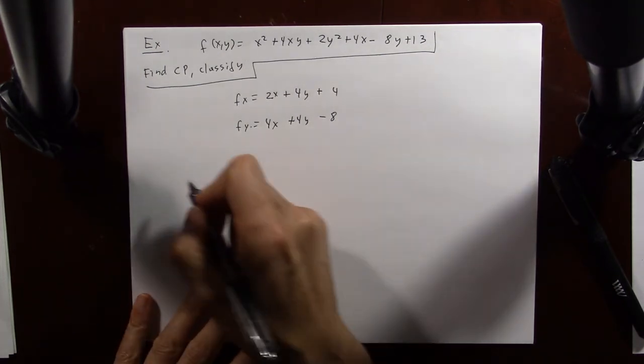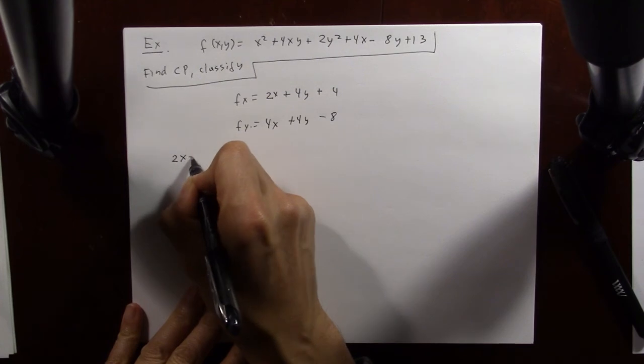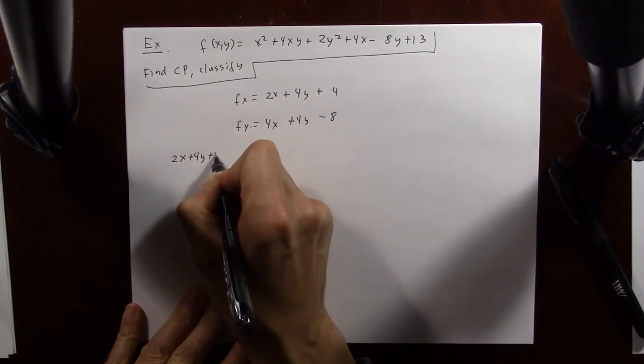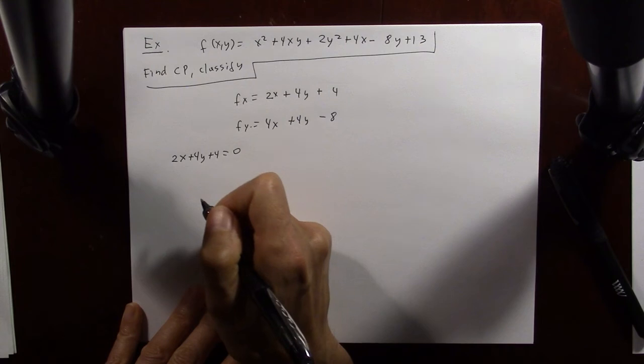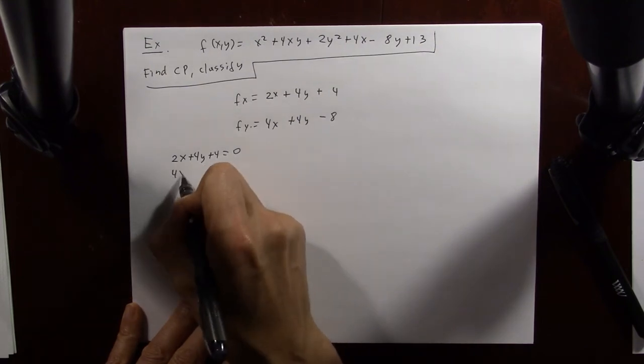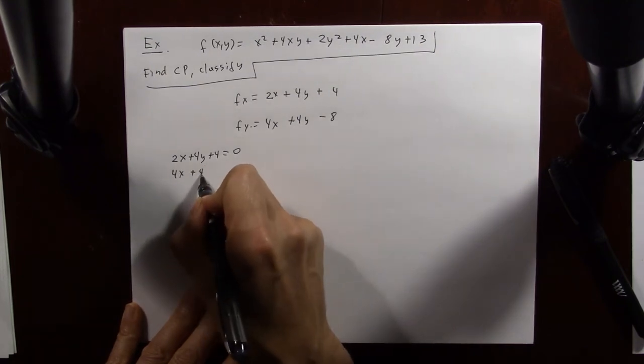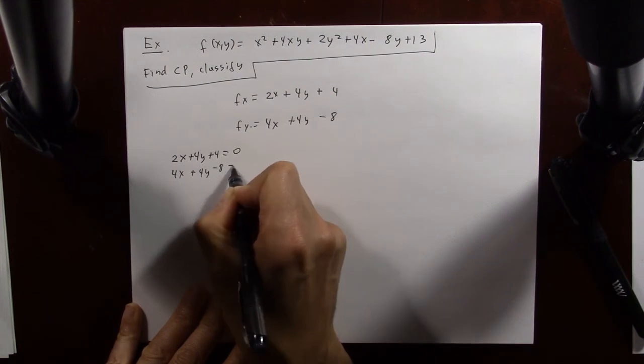We set both derivatives equal to 0, so we have 2x plus 4y plus 4 equals 0, and 4x plus 4y minus 8 equals 0.